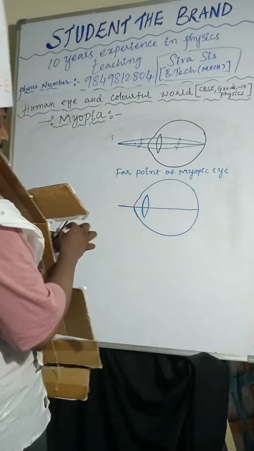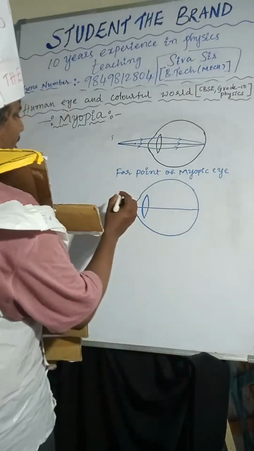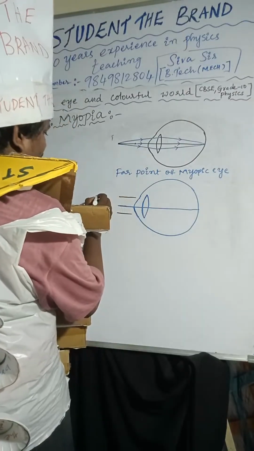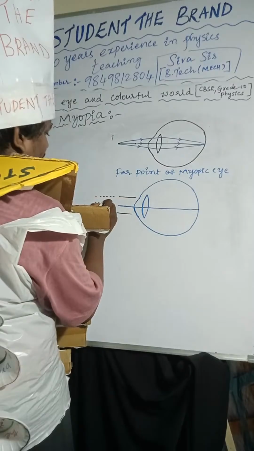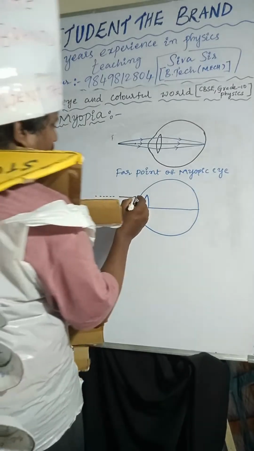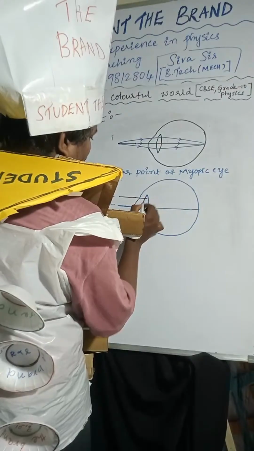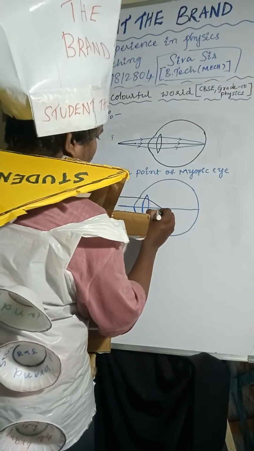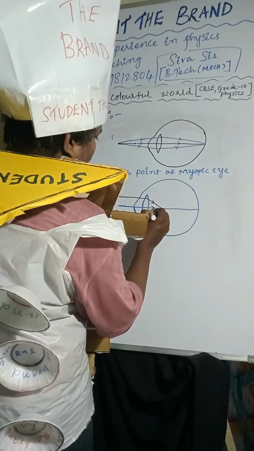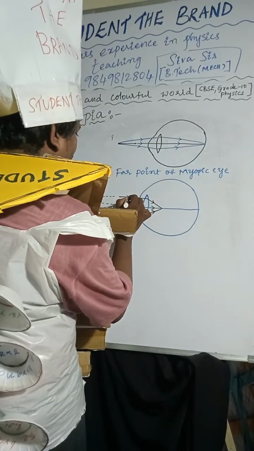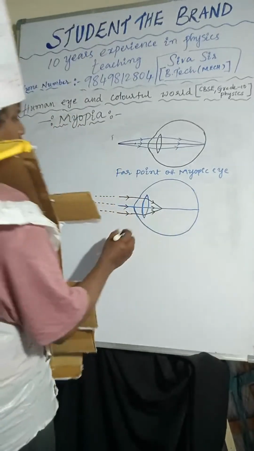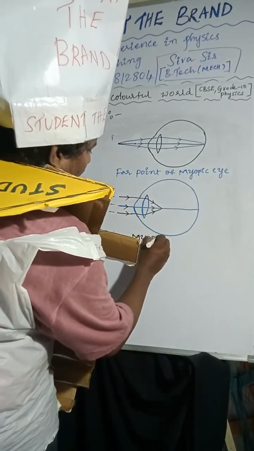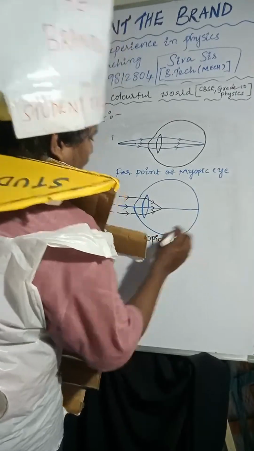If the light rays are coming from infinity, what happens? This is the myopic eye. Now the correction of myopia.